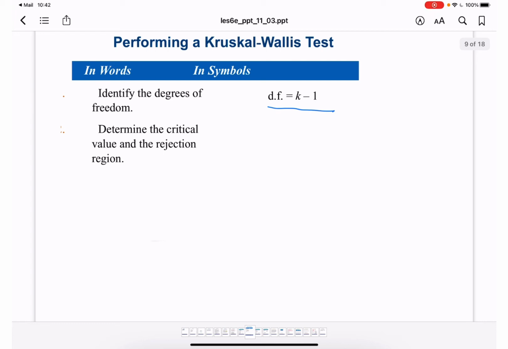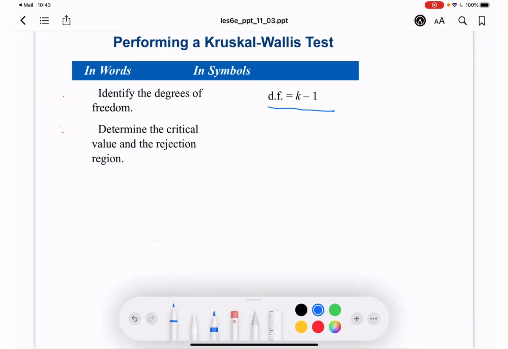If the samples are selected from populations having the same distribution, the sums of ranks will be approximately equal, and H will be small and the null hypothesis should not be rejected. If, however, samples are selected from populations having different distributions, then H will be large.